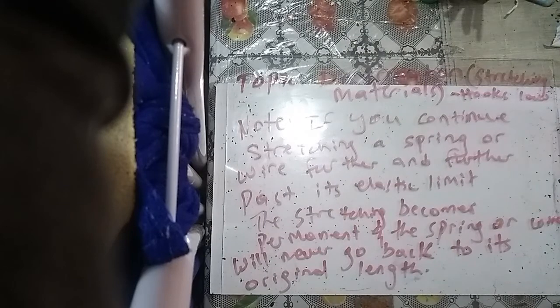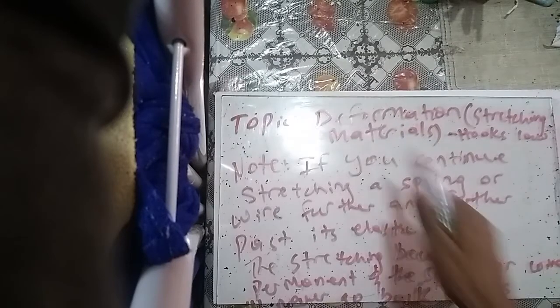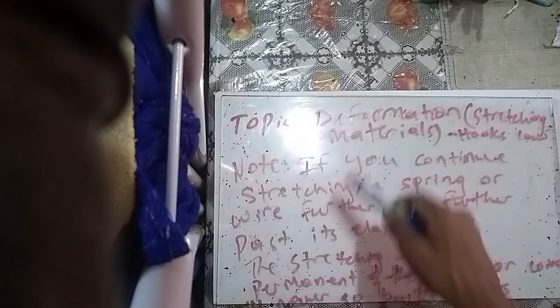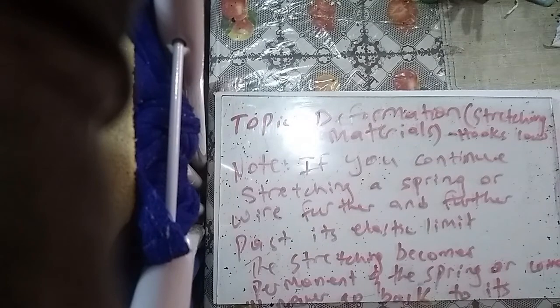And elastic is not pertaining to elastic bands, okay? In this topic, elastic pertains to really and truly the deformation or the stretching of materials. So elasticity can be expressed in metal objects, not only rubber bands.